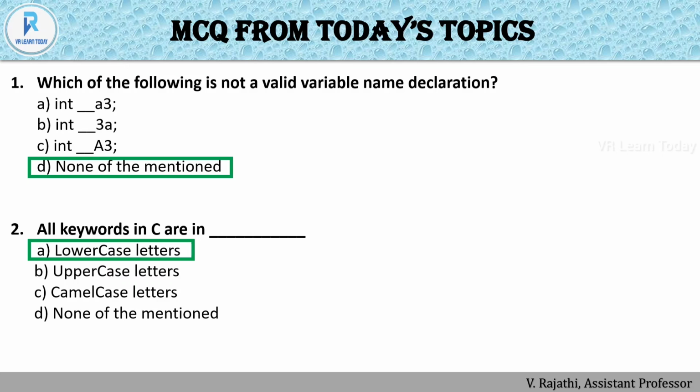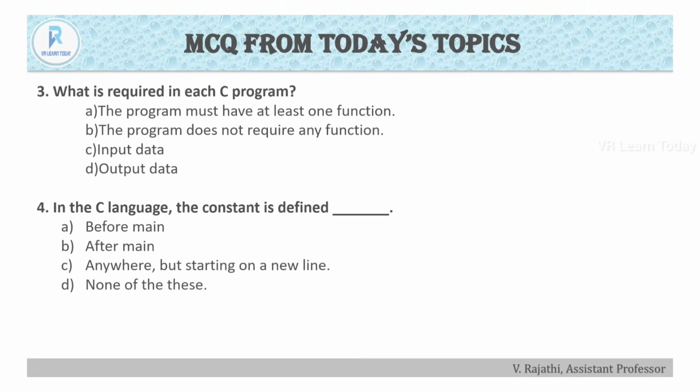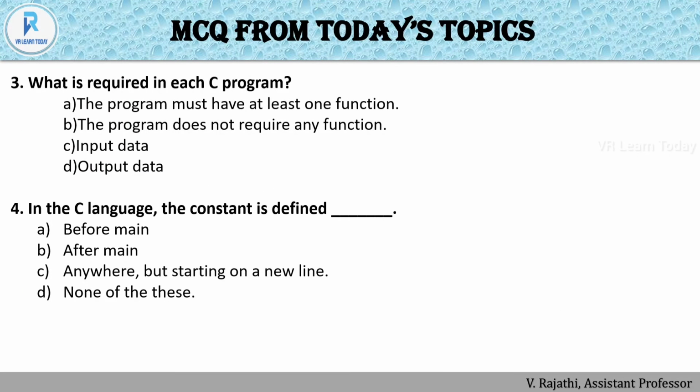Okay, and next, what is required in each C program? The program must have at least one function. The one function is nothing but the main function, because the compiler starts running from the main function.